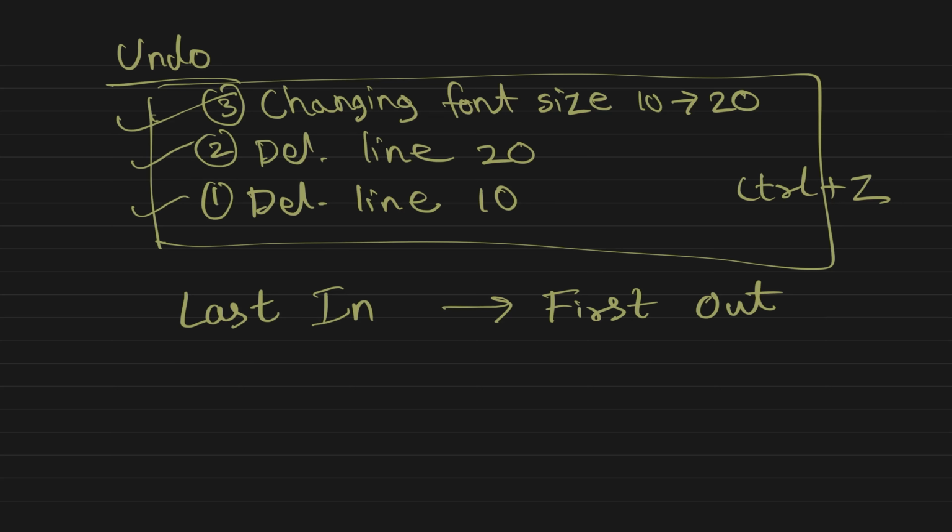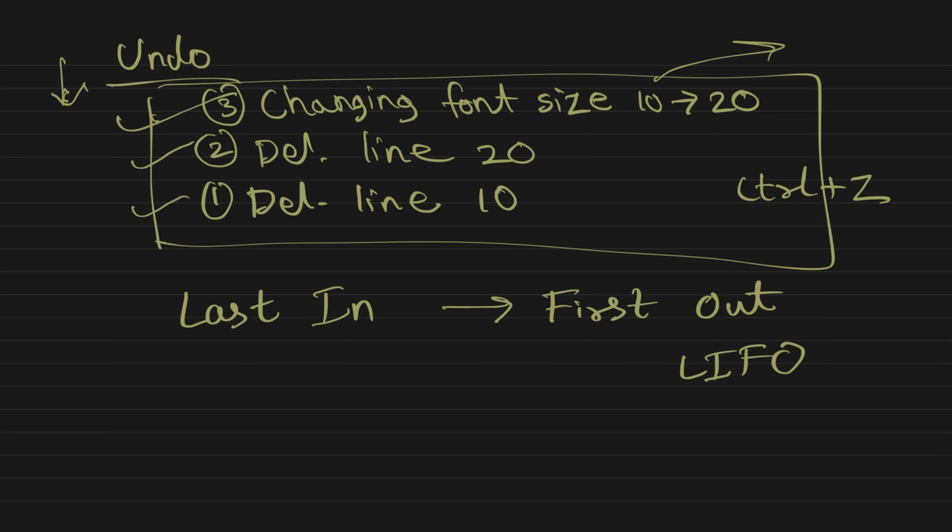That is what we mean by last in, first out in short. Whatever item we add to the data structure last comes out first. Stack as a data structure operates on this principle, which is last in, first out.